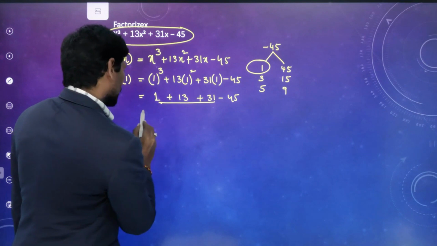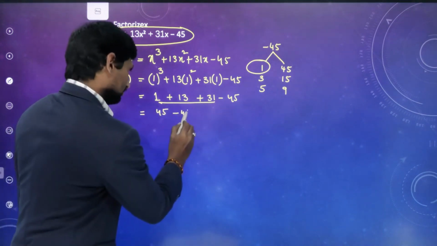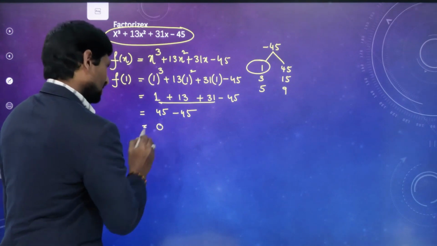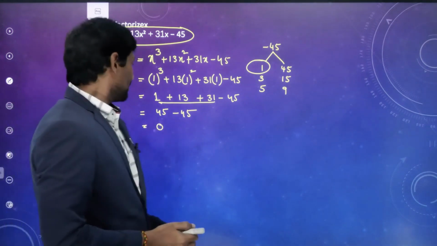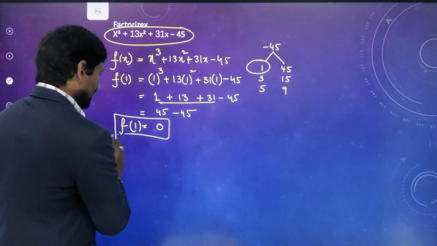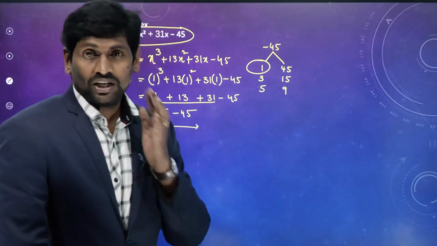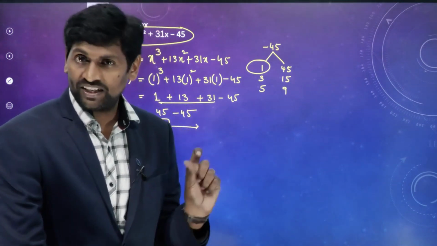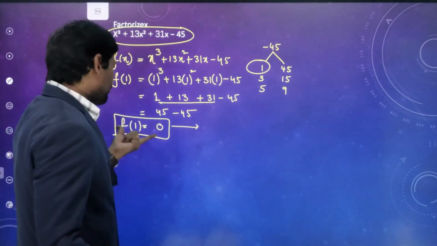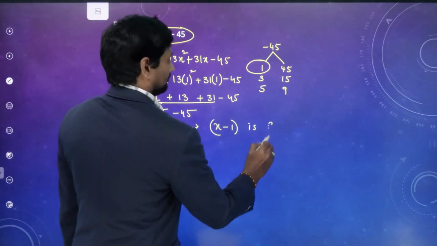Adding all the positive values, I am getting 45, and minus 45. So 45 minus 45 becomes 0. That means f of 1 is 0. According to the factor theorem, if f of a becomes 0, then x minus a is a factor. In the same way, f of 1 is 0, so x minus 1 is a factor here.